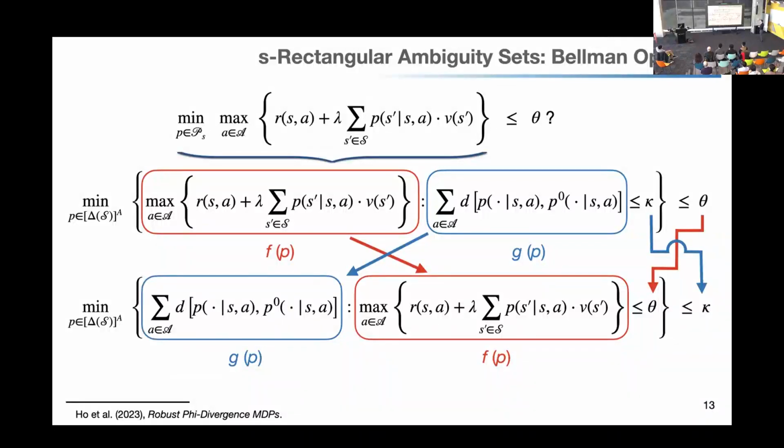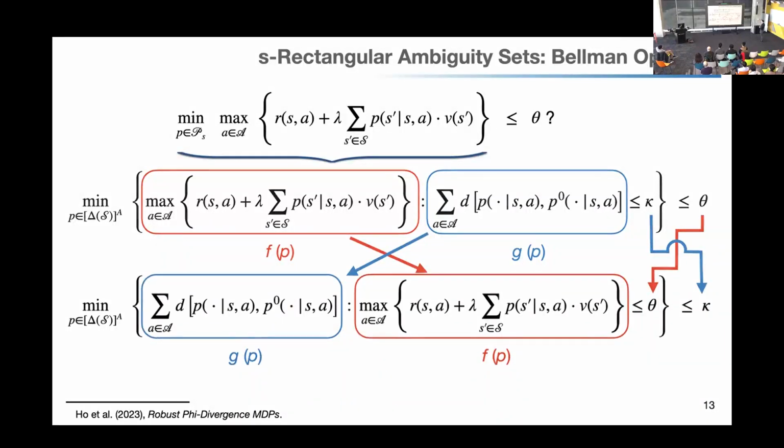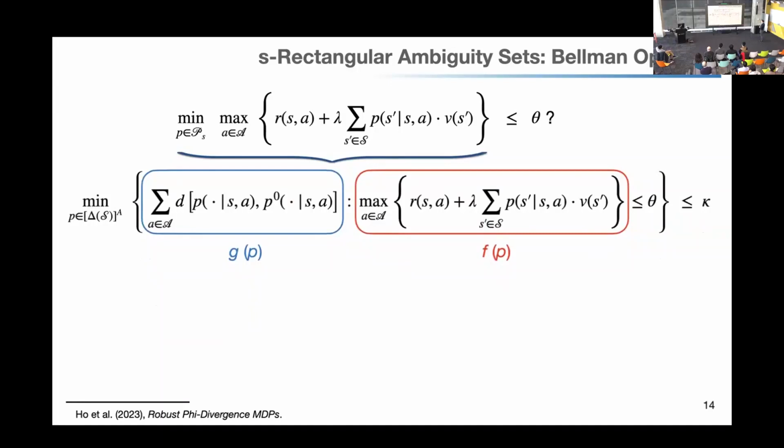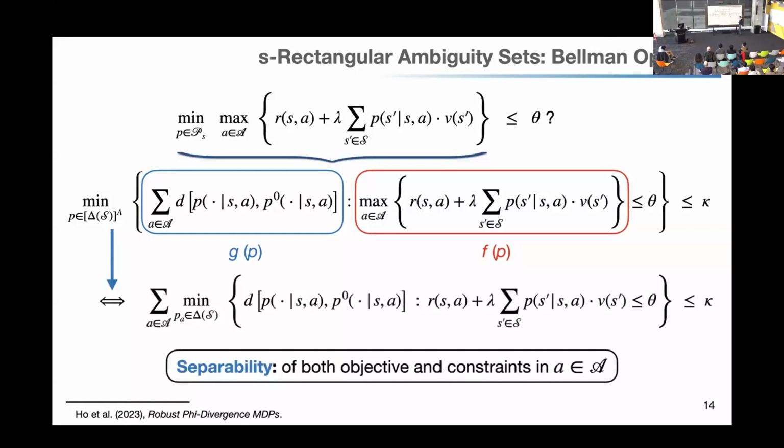It may not be obvious why I would want to turn this around, but if we look at the resulting problem, this problem now completely decomposes along the actions. We have as feasible region the A-fold cross product of the probability simplex. The objective function is linearly separable in our actions, and we have a separate constraint for each action.